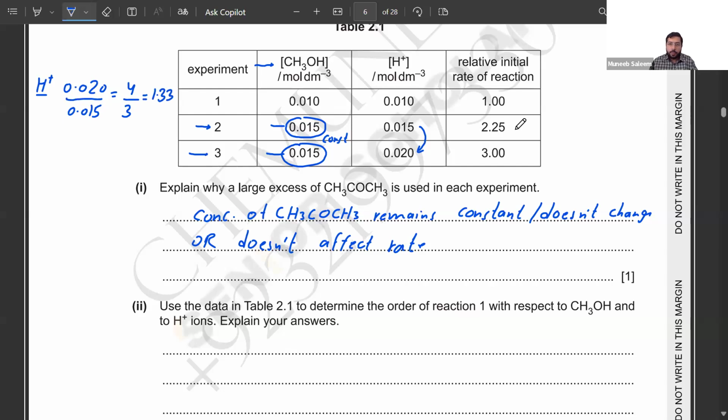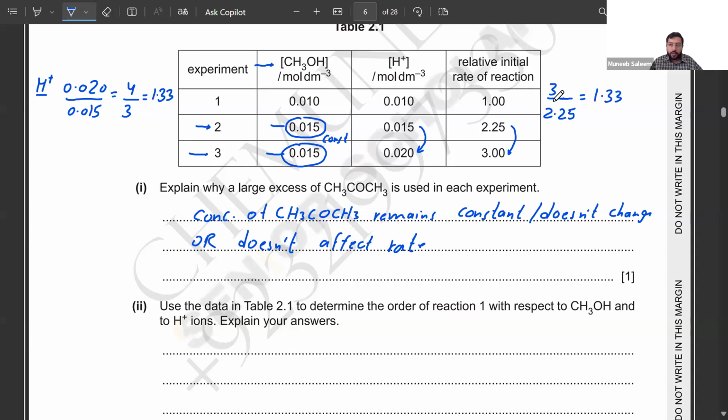Now, you have to check the change in the rate. The rate has changed from 2.25 to 3. So we do the same calculation, 3 divided by 2.25, which is equal to 1.333.